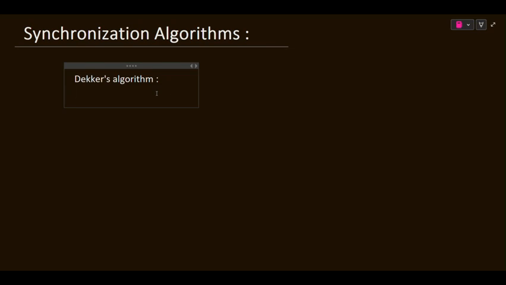Guys, in this video we are going to see the next two algorithms, the next two software solutions which are used to provide synchronization among the processes. In the last OS class we have learned the lock variable technique and the strict alternation.